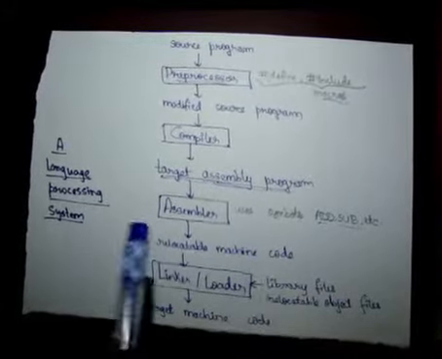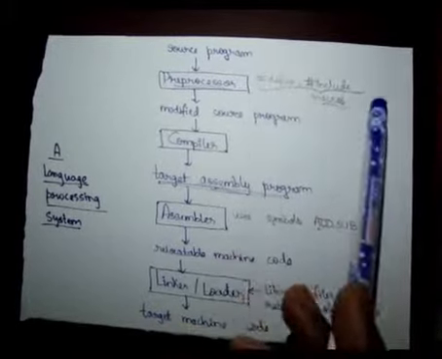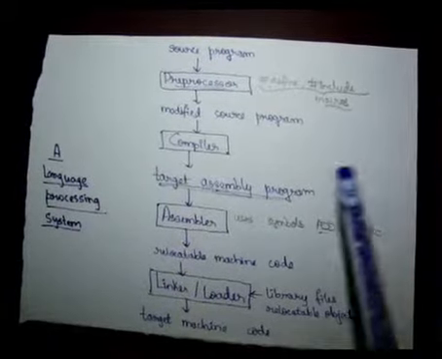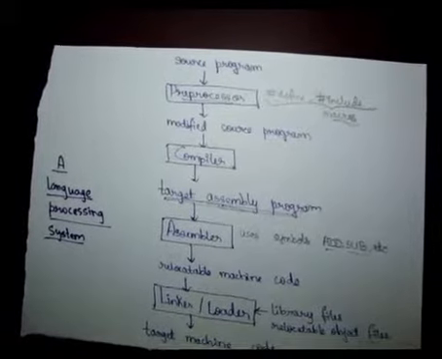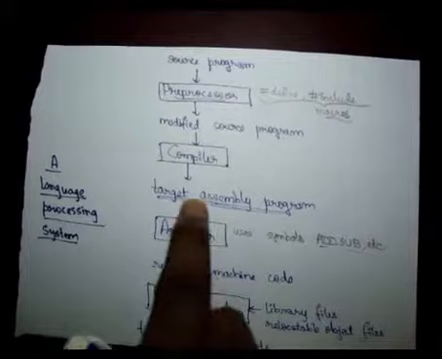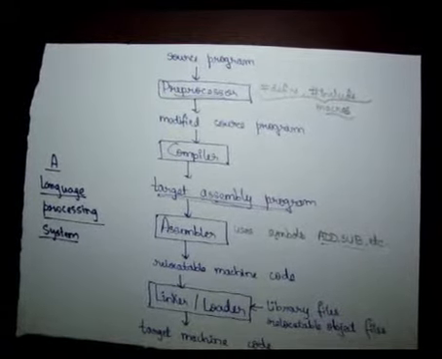Large programs are often compiled in pieces, because we can't have only one or two pieces. In case of large programs, we have a large number of modules. So the source program would be divided into a number of pieces or modules, and then we get the target assembly program, and after the assembly program, we get the relocatable machine code.